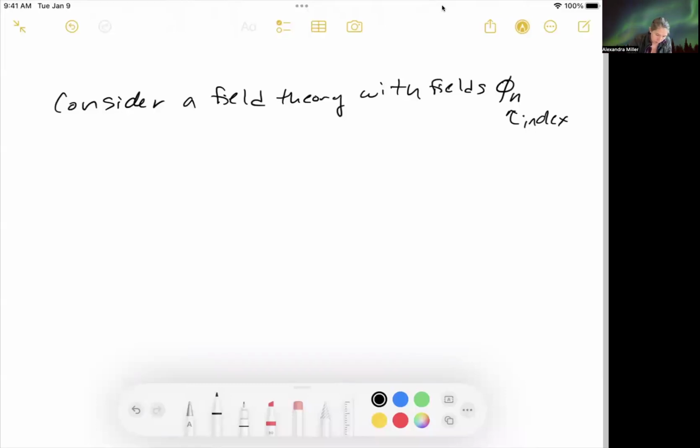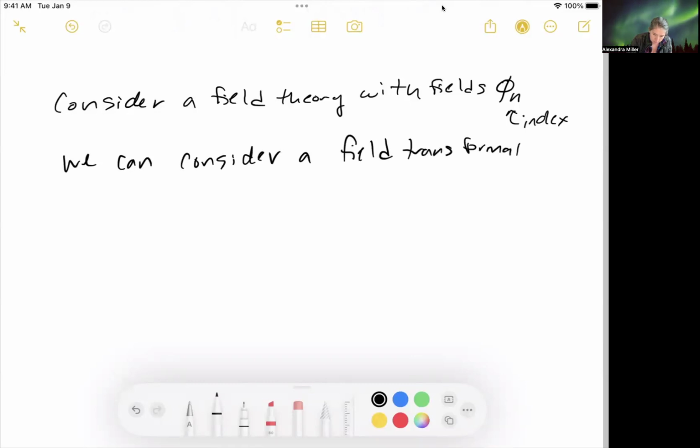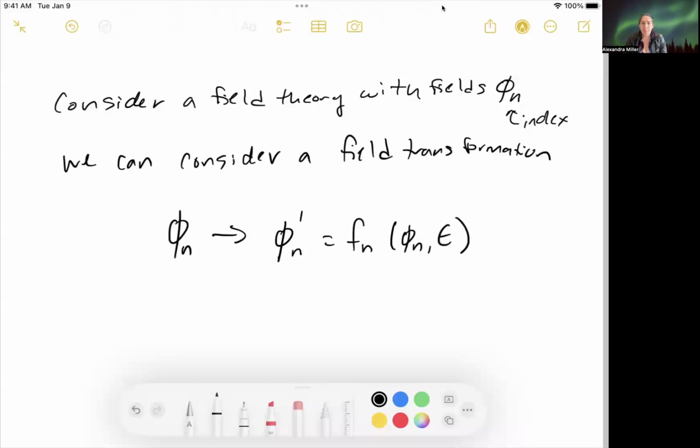So we can consider a field transformation where our phi's now are phi primes, which is some function or set of functions of our original fields and some small parameter.